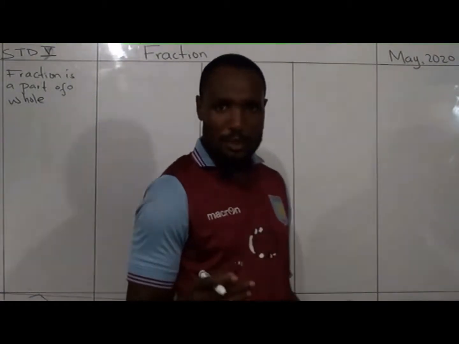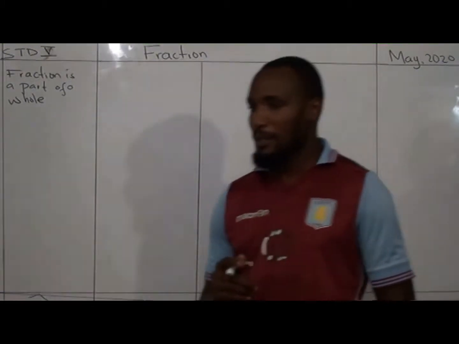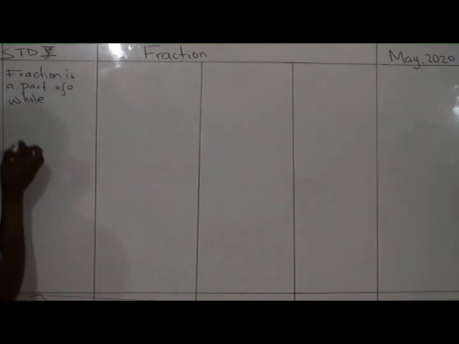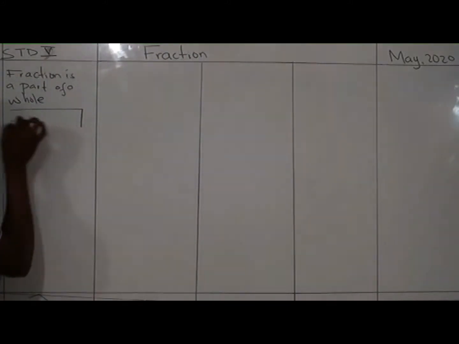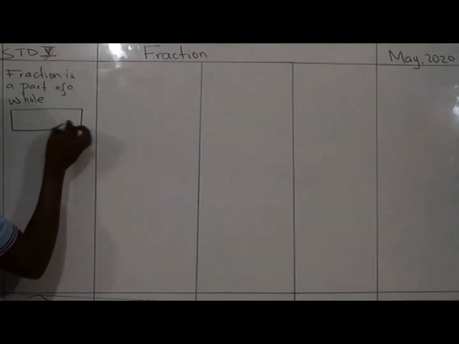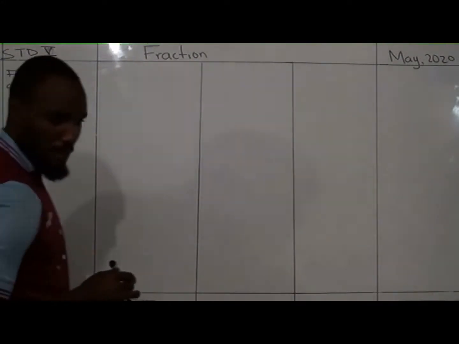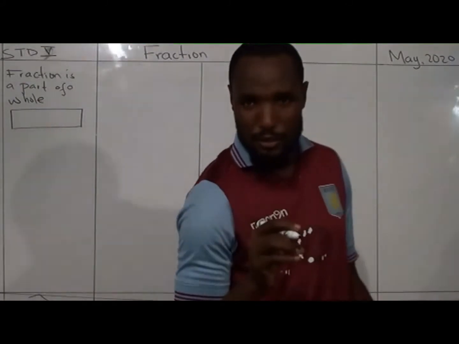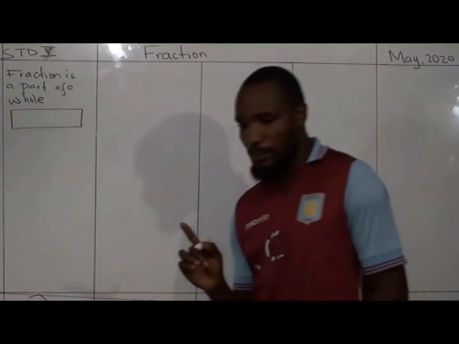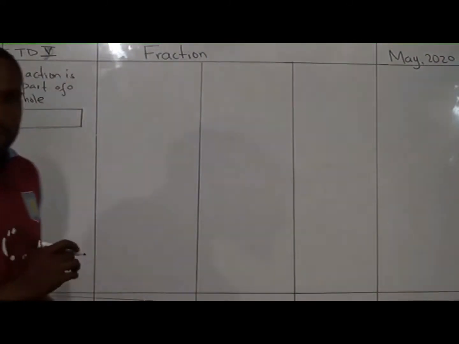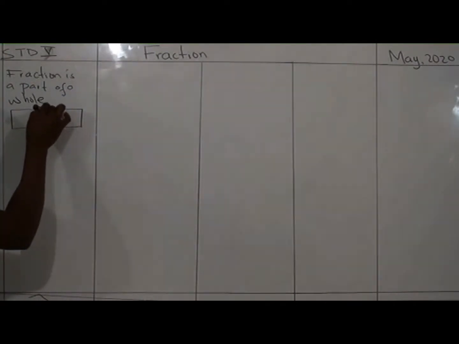Now, what do we mean by saying a fraction is a part of a whole? Let me draw a certain thing like this. Let me call this one a rectangle. So if you have a piece of bread that is in that shape, then you decide to divide it into two equal parts.